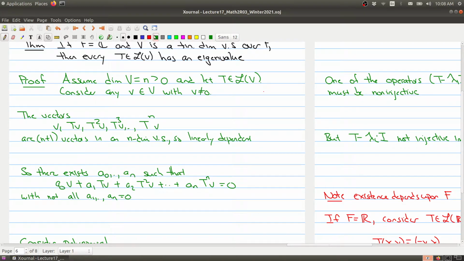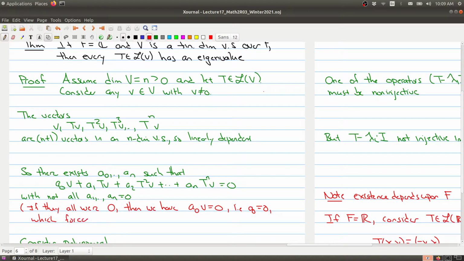Okay, and I just want to point out why we can say this, right? It's because if they all were 0, then we have that a0 times v is equal to 0, i.e. a0 is 0. But that's going to be a problem, right?